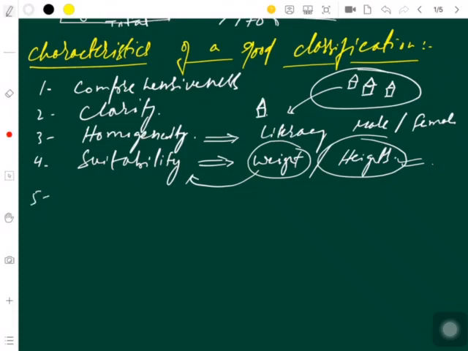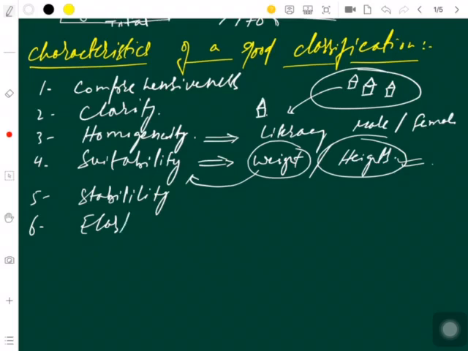The fifth one is stability. Okay, there must be a factor of stability in your data. It's not that you inquired about something early in the morning and late in the evening it has changed completely. So the field of inquiry will be such and such there. So your data must be stable enough to help you to understand a particular problem. And elasticity is the last.